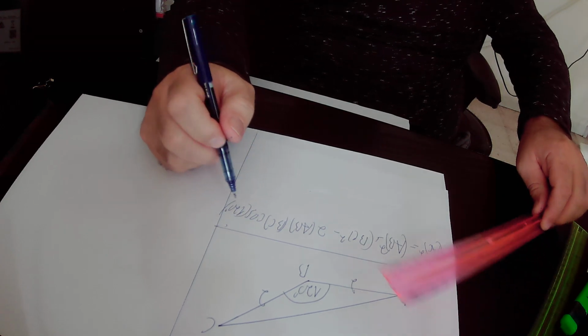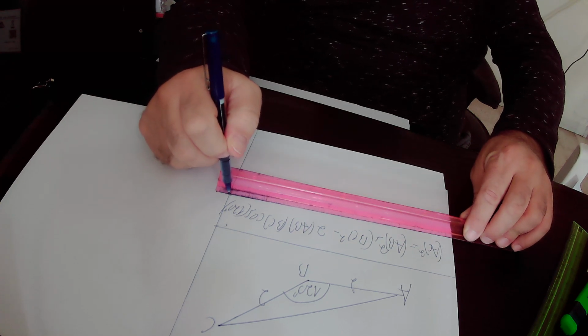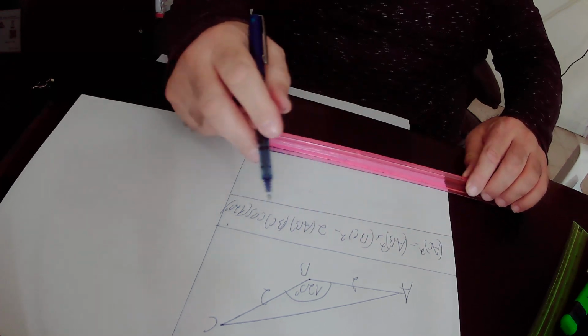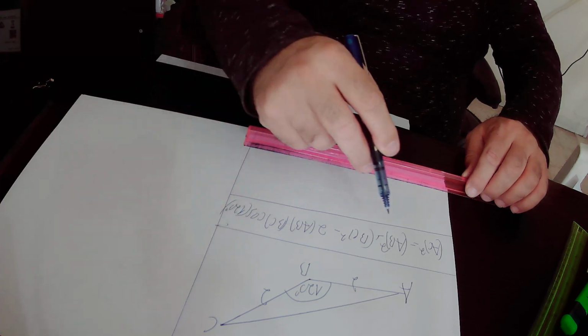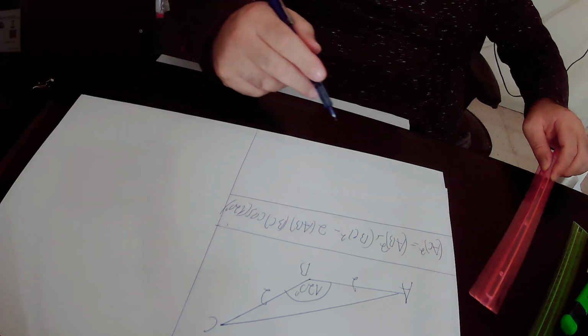So this equation is the implementation of the law of cosines in our triangle ABC.